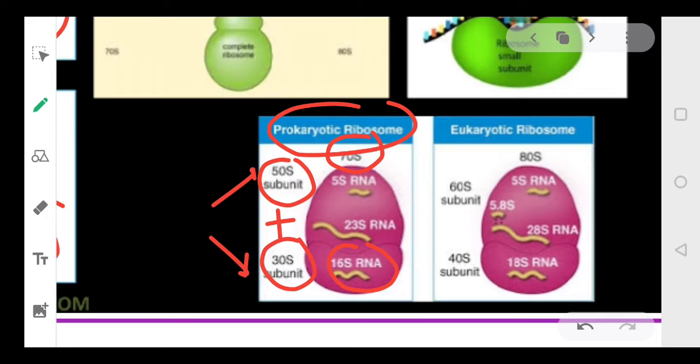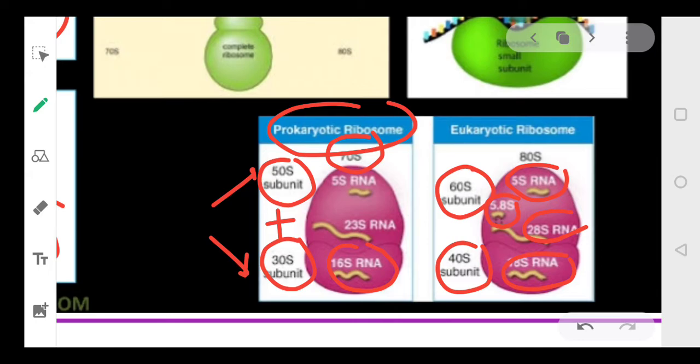Now in terms of the eukaryotic ribosome, it is made up of two subunits. The smaller subunit is 40S and the bigger unit is 60S. The 40S unit is made up of 18S RNA, while the 60S unit is made up of 28S RNA, 5.8S RNA and 5S RNA. So three types of RNA are clubbed together to form the bigger unit, that is 60S.